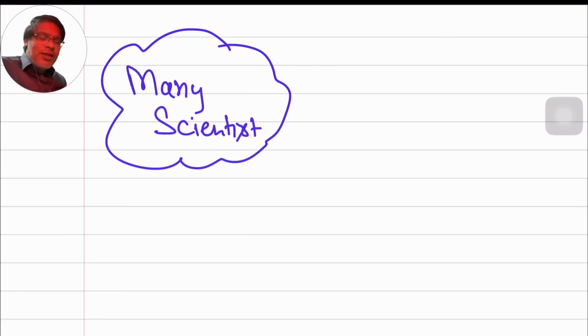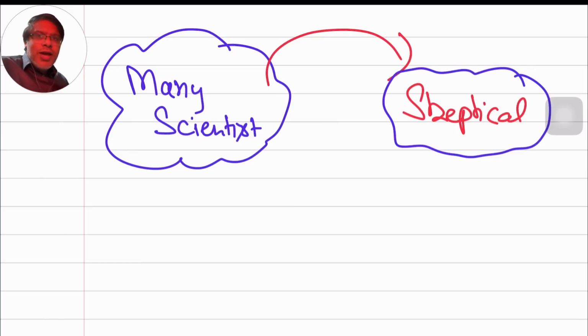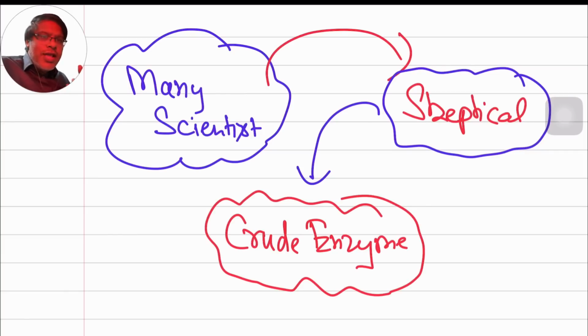But here I just want to tell you, many scientists at that time were speculative about the work done by Avery et al. The reason was simple: the enzymes used by Avery et al. in their experiment were crude enzymes. They were isolated from an animal source.